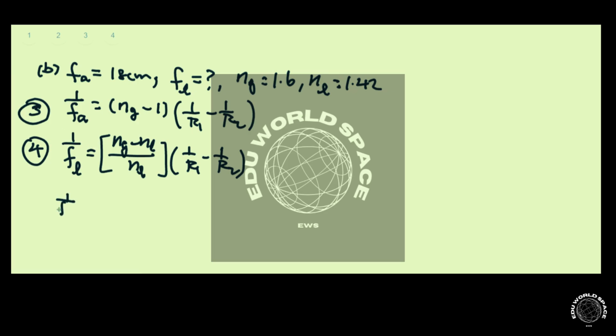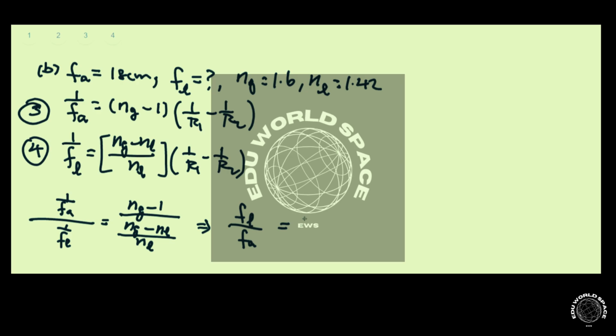So we have 1 over FA divided by 1 over FL is equal to NG minus 1 over NG minus NL over NL. And then that gives me FL over FA is equal to NL times NG minus 1 divided by NG minus NL.